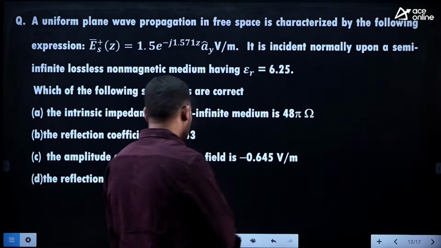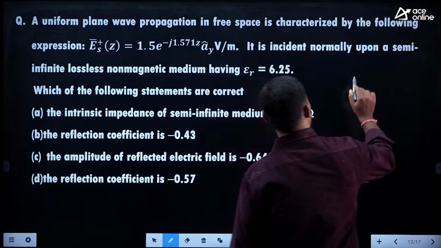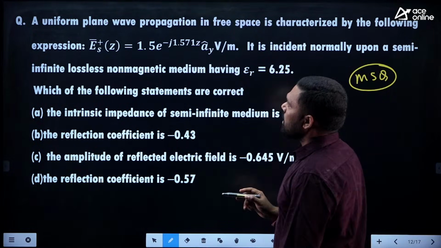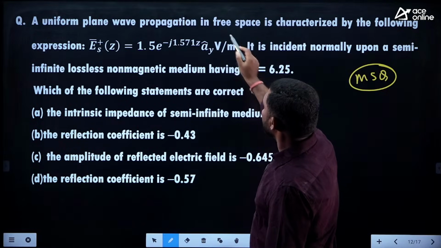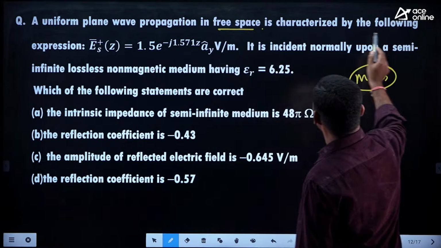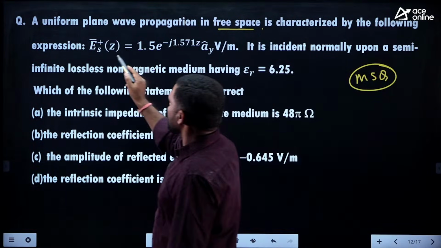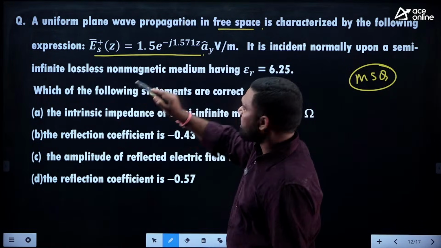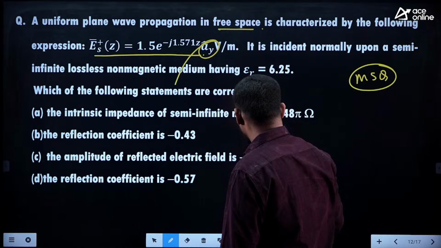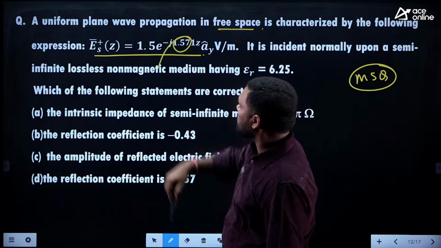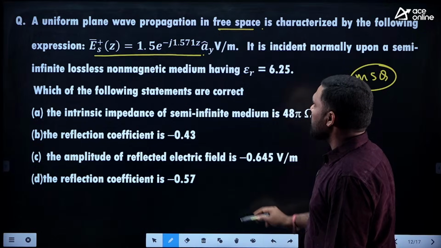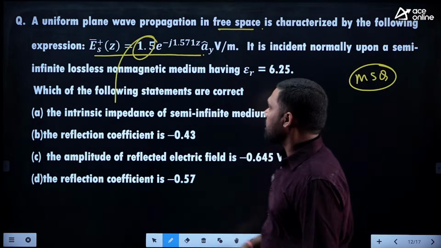Yes, so it is an MSQ question. Read the question carefully. A uniform plane wave propagating in free space is characterized by the following expression. So this is how the wave is traveling: in the positive z direction and it is oriented along y. Beta is 1.571, and this 1.5 is the peak amplitude of the traveling wave.